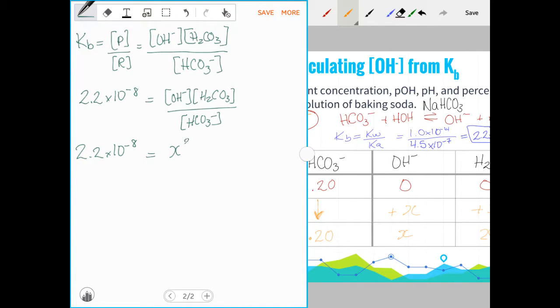So we can have x squared over our 1.20 moles per liter. So when I go to simplify this a little bit, I multiply 1.20 times our 2.2 times 10 to the negative 8 to get x squared on its own.